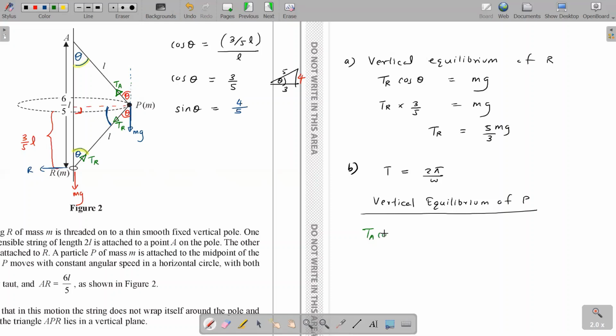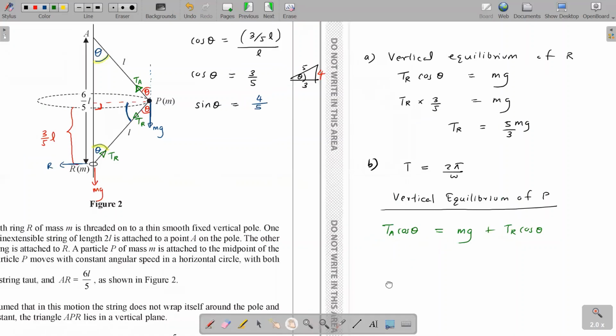It balances out with whom? You have the mg, the weight, and what about tension R? Tension R also resolves downwards to give you tension R cos theta. Do you agree? Tension A cos theta, the vertical component, is equal to the downward forces: mg and tension R cos theta, the vertical component.